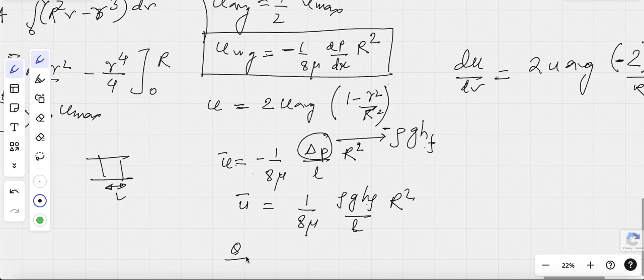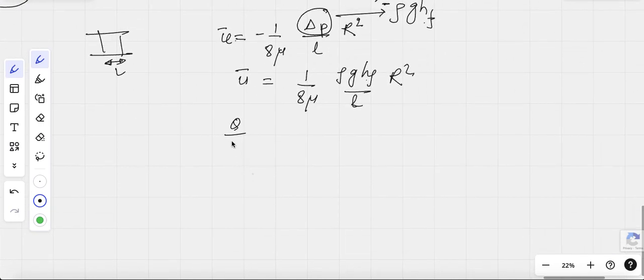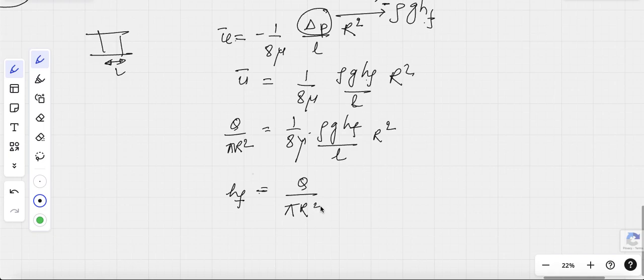U can be written as Q by pi R square. So hf is Q by pi R square, L mu 8, rho g R to the power of 4.